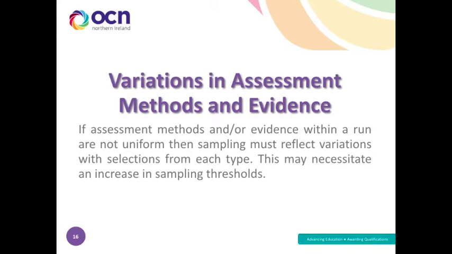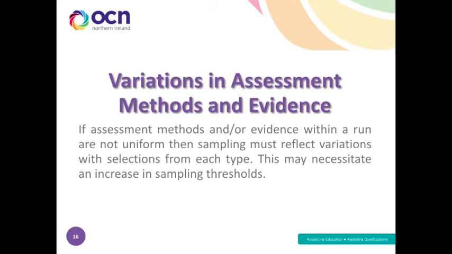You ought to select from each type of evidence or from each evidence produced by each assessment method. Now, this may necessitate an increase in the numbers of portfolios being sampled, but we want you to do this to ensure consistency across delivery. This would be an unusual circumstance, but it's possible that it could take place.